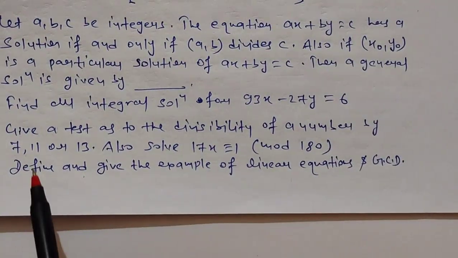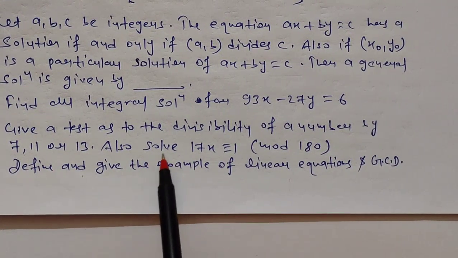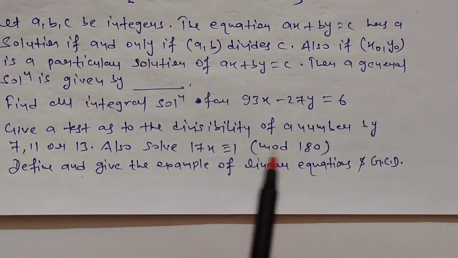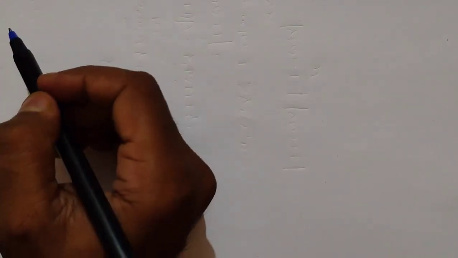Now finally, the second part of the problem is to solve 17x congruent to 1 mod 180.